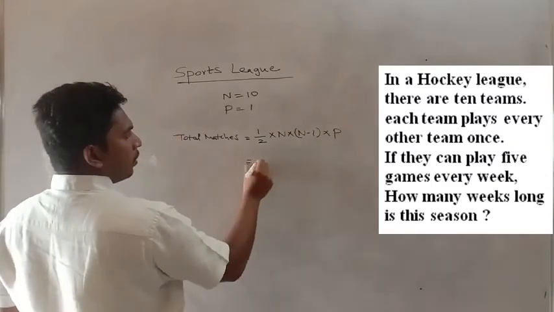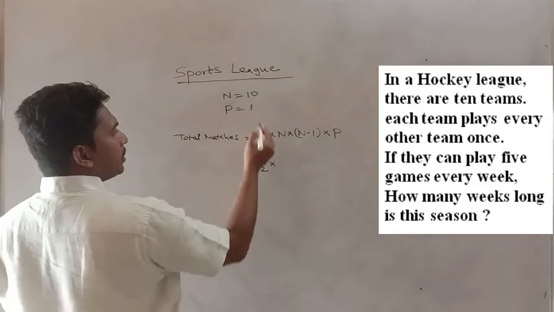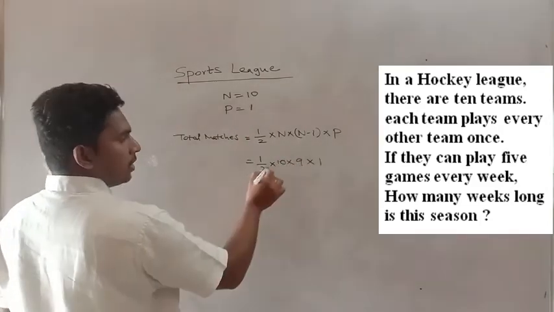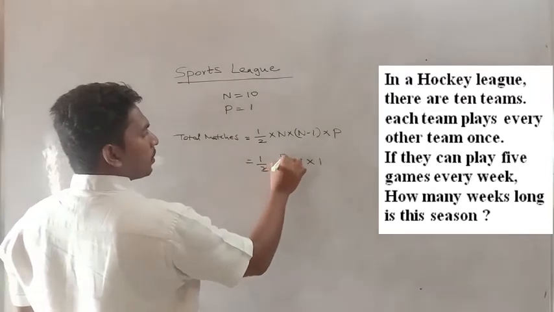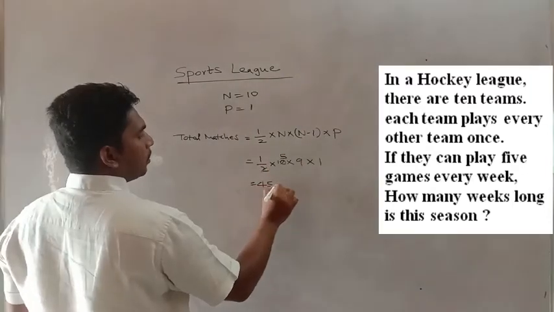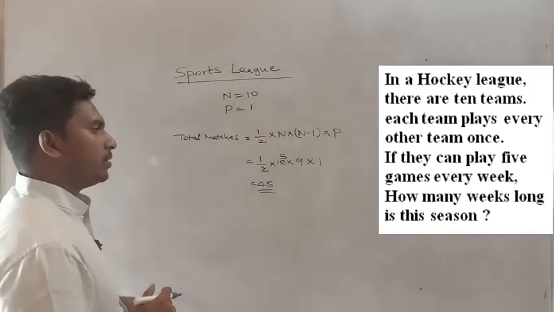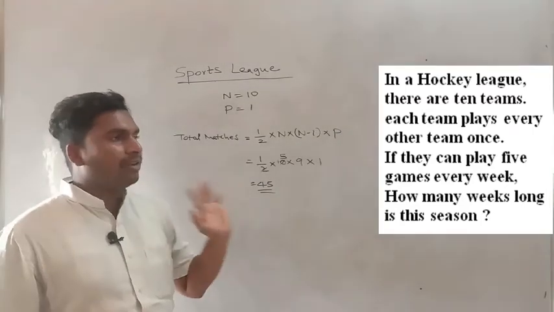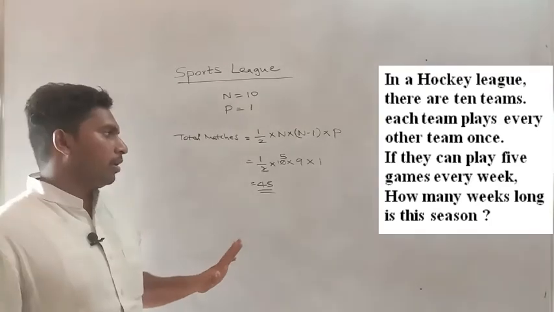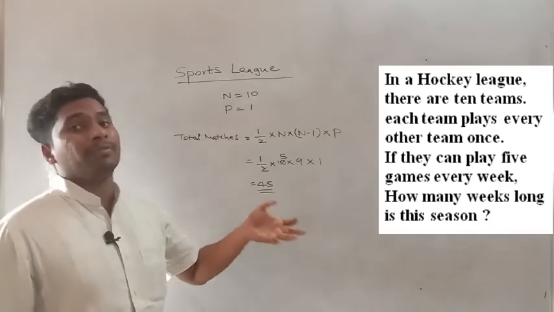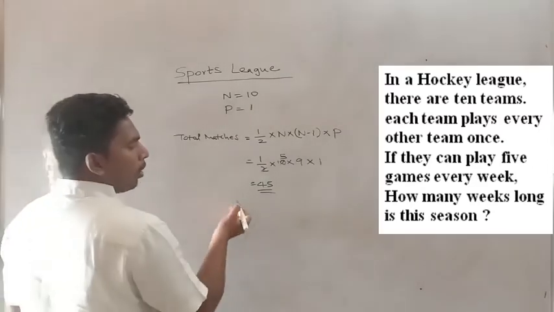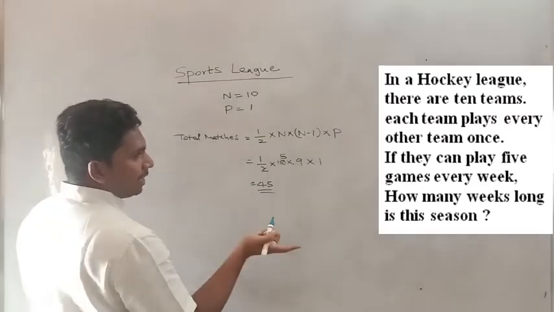So half into 10 into 9 into 1 will be 45. So a total of 45 matches are there, and per week they will play only 5 matches. So how many weeks will they play? Per week it is 5.